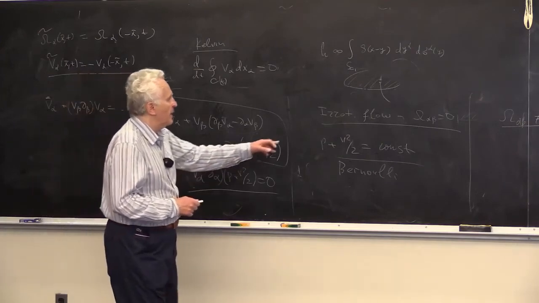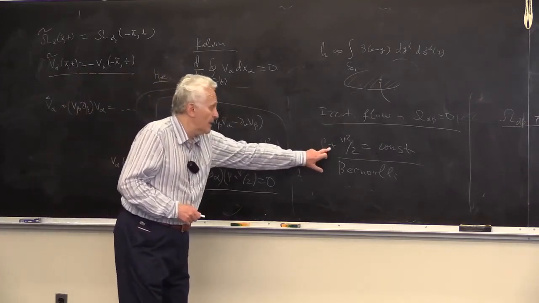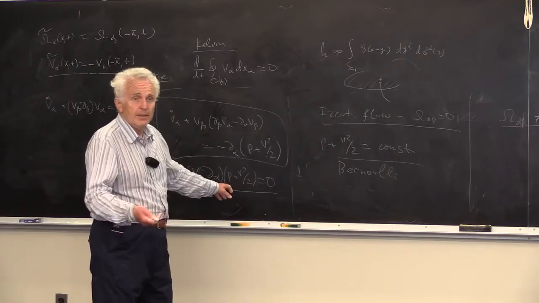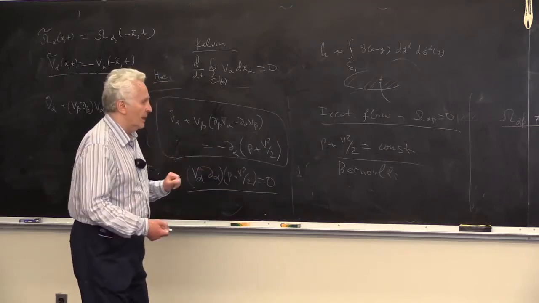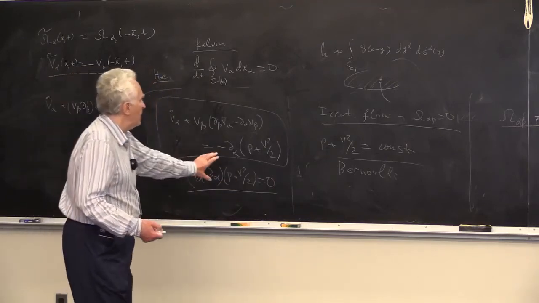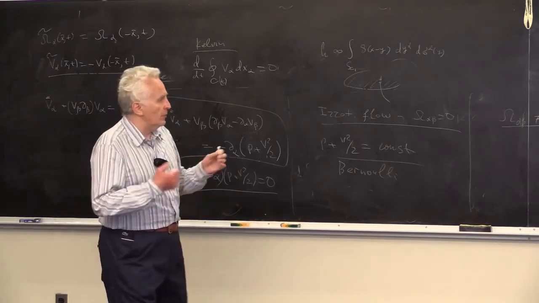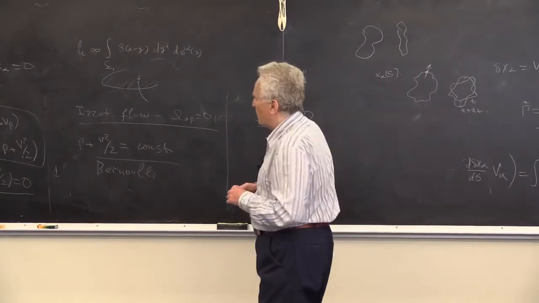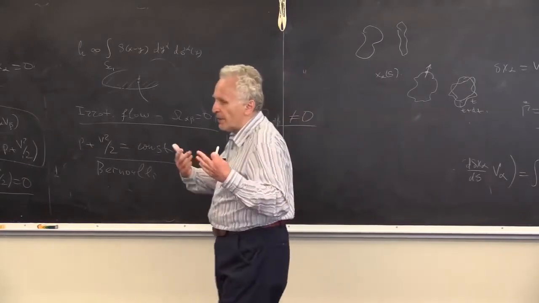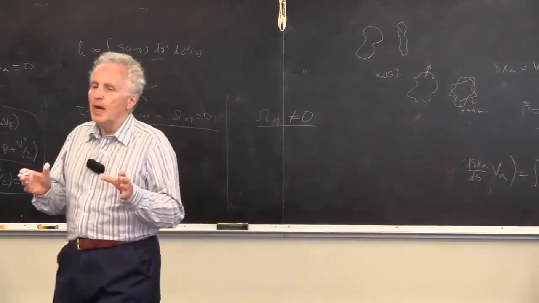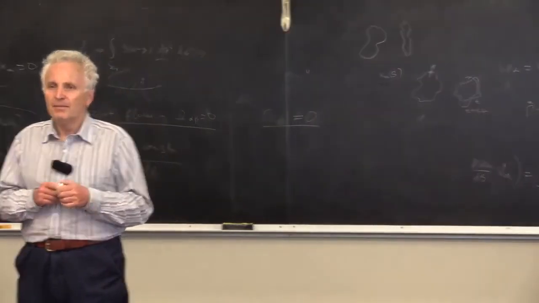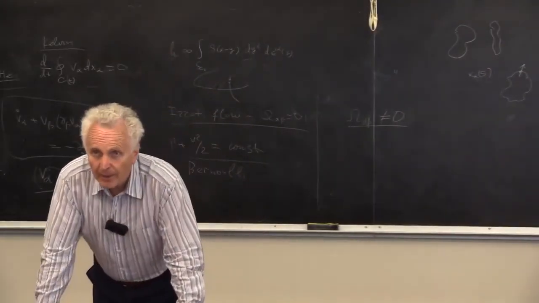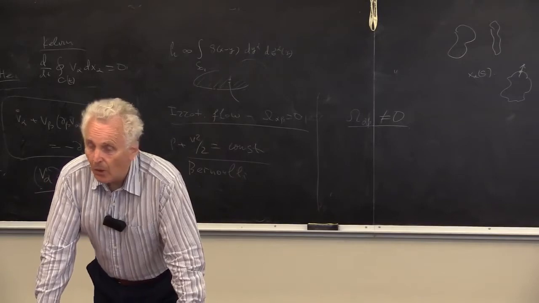It's a weaker statement than this one. Of course, if it is constant, then it's trivially satisfied. But generally speaking, only this relation is satisfied, and we have to understand what it means. Try to think in terms of streamlines of the flow. Yes? How can we say v dot of alpha is equal to 0?